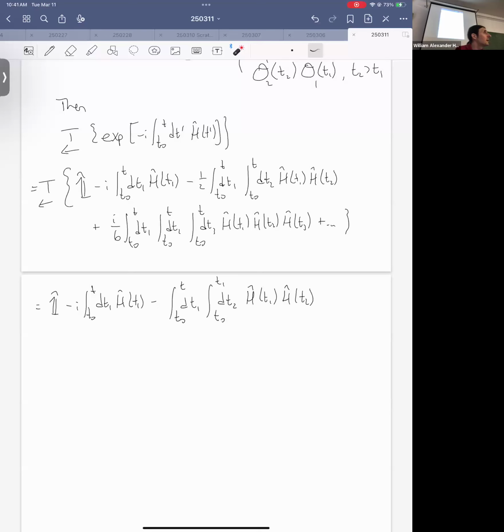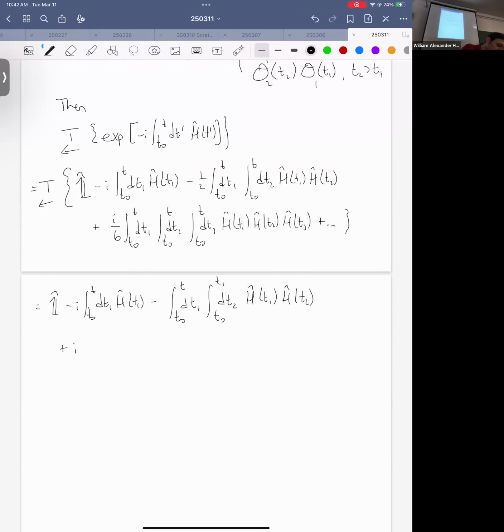So I've cut out half of my integration region by restricting T2 to be less than T1. Just think about the square from T0 to T for T1 and T2, and I'm cutting half of it out. So I'm absorbing in some sense this 1/2 in restricting my integration region, which then leads me to this ordering to the left, H of T1 followed by H of T2, getting rid of the time ordering symbol.